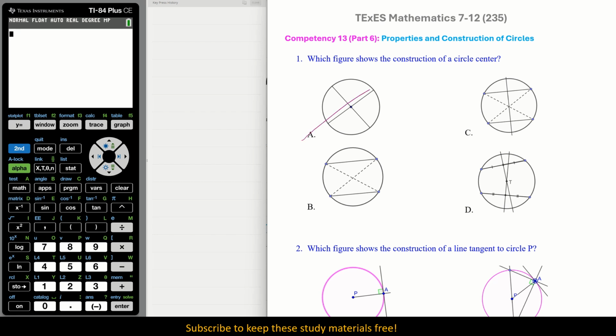Then when we look at B, we see that we have two chords, but then from the ends of the chord, you can draw lines of construction. And I guess their assumption is that this would be the center. Well, that is untrue also. There is no guarantee that that would be the center.